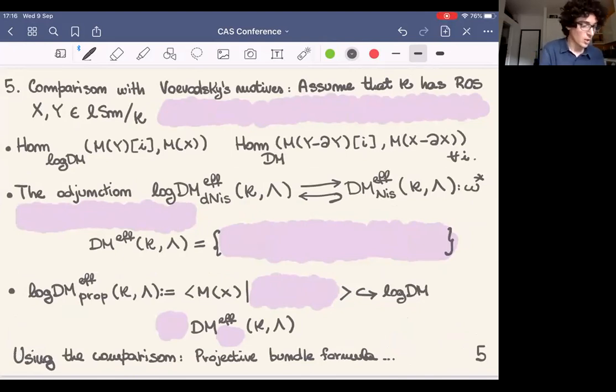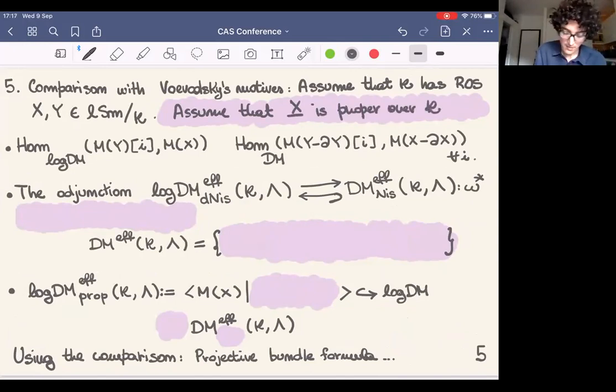So let's assume that K has resolution of singularities, and let's take say X and Y log smooth over K, and let me assume, moreover, that X underline is proper over K. This is really crucial.